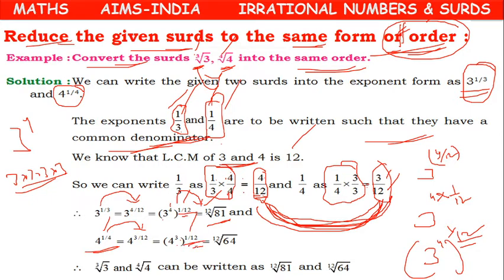Its radical form is 12th root of 4 cube. 4 cube, what is the value? 64. So cube root of 3 and 4th root of 4 can be written as 12th root of 81 and 12th root of 64. Like that, we can write them in the same order, so that if you want, we can compare them.